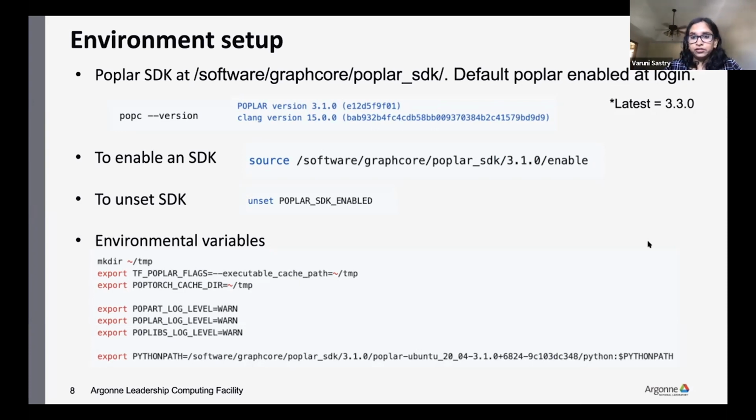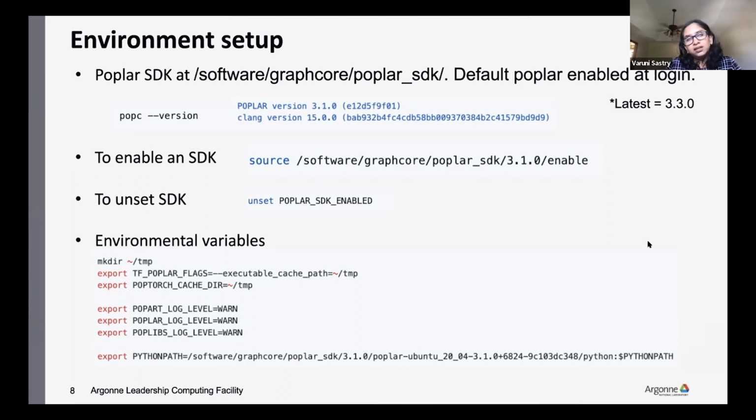The default SDK will already be enabled on login. Currently it is at 3.1, but if you see that directory tree, you can also see that there is a 3.2.0 that's also downloaded and you can use that.